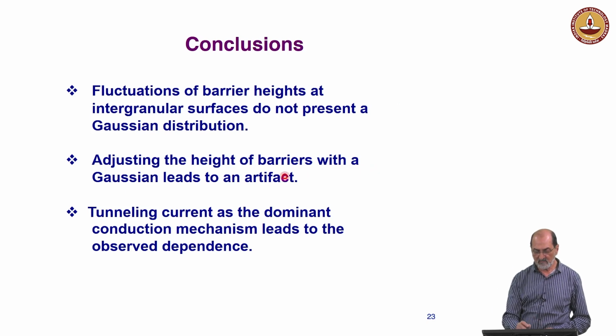Adjusting the height of the barriers with a Gaussian leads to an artifact. You know what an artifact is? And if tunneling current is the dominant conduction mechanism, then we observe the right dependencies without resorting to anything else.